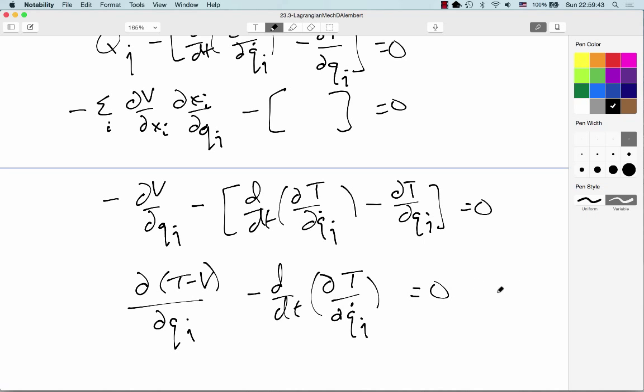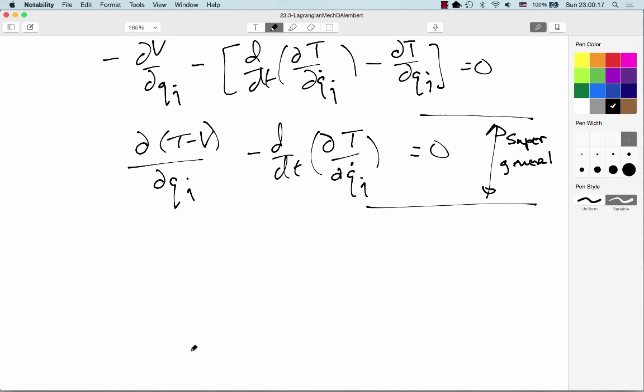So I want to pause right here and say this is nice and general, super general. If you've got horrifying things like potentials that depend on velocities and stuff like that, or if your potential somehow depends on time, you're good. This form always works.